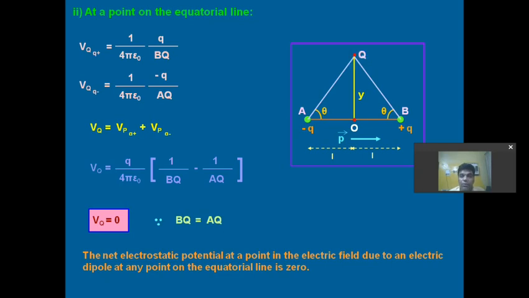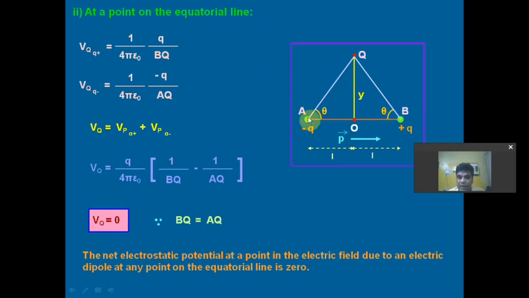Now we have to calculate the potential at point Q. This point Q is connected to minus Q and this point Q is connected to plus Q charge, and here we have an electrical dipole. This is the case when we have to find out the potential at a point on the equatorial line of the dipole.